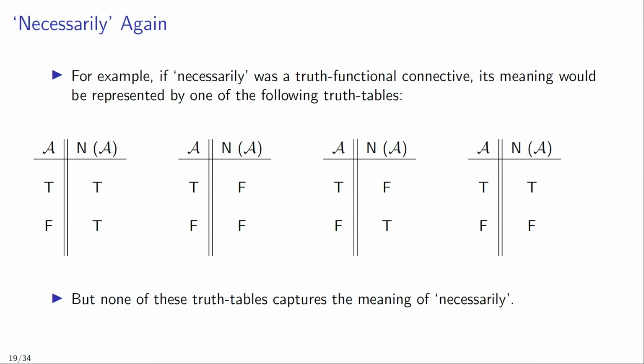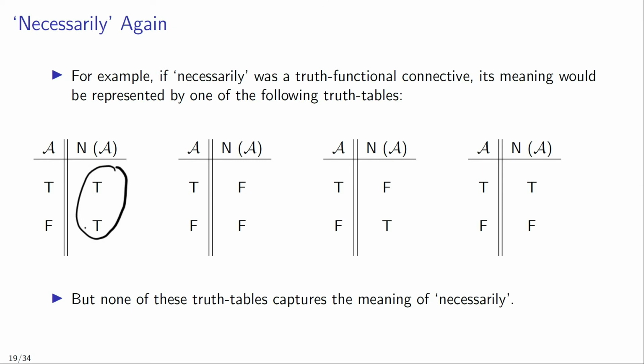And now the crucial point is that none of these four truth tables in fact represents the meaning of necessarily. Why is that? Well, the first truth table is extremely implausible because it entails that necessarily A is always true.